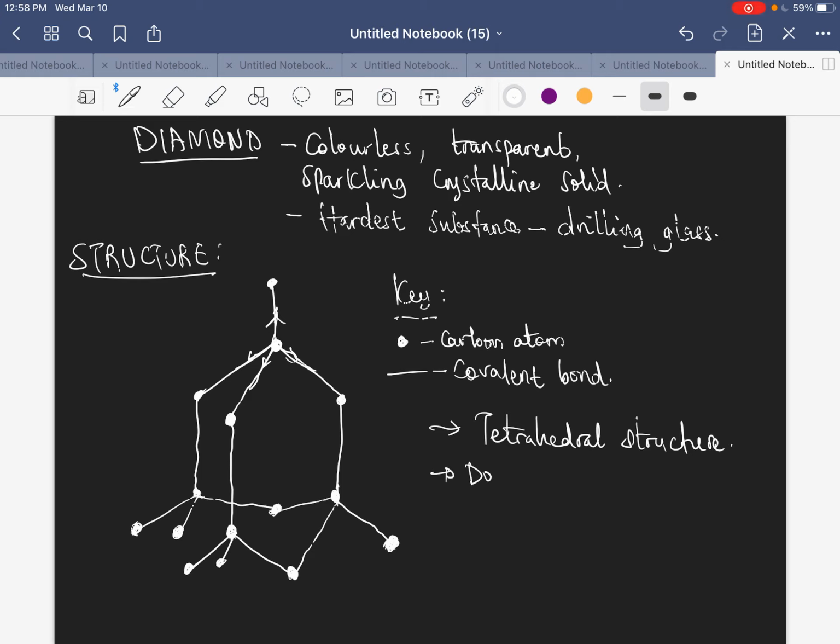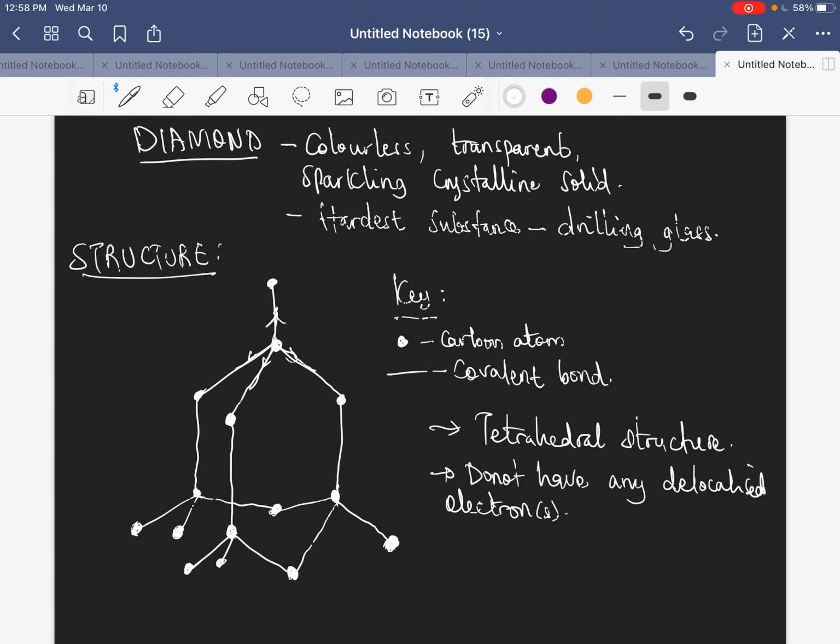So in that case, we say that diamond cannot conduct electricity because it does not have any delocalized electrons.